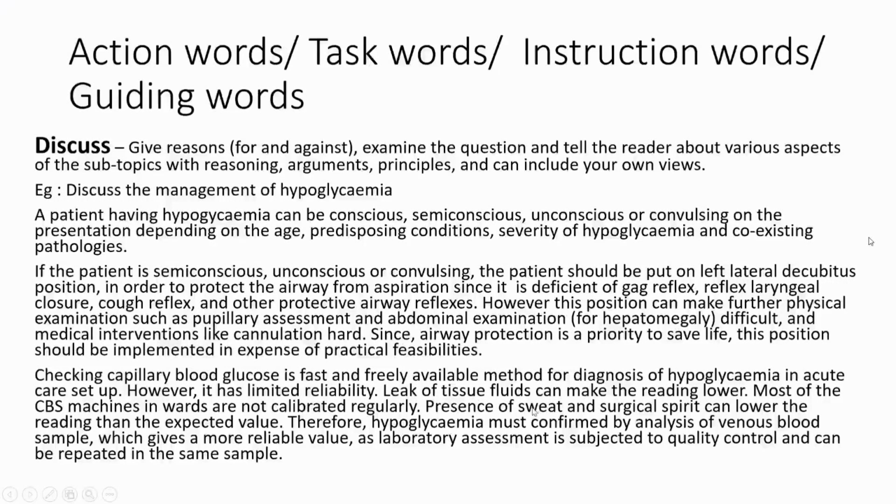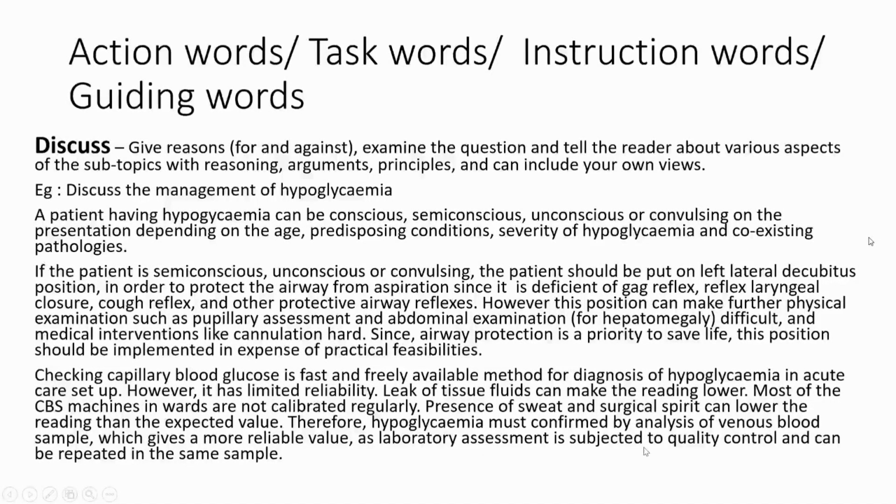Now here I am talking more. Leaking of tissue fluids can make the reading low. Most of the CBS machines are not calibrated regularly. This is something I am putting from my own views. Presence of sweat and surgical spirit can lower the reading below the expected value.